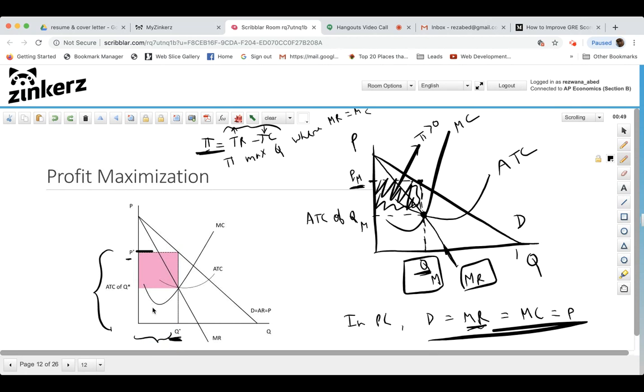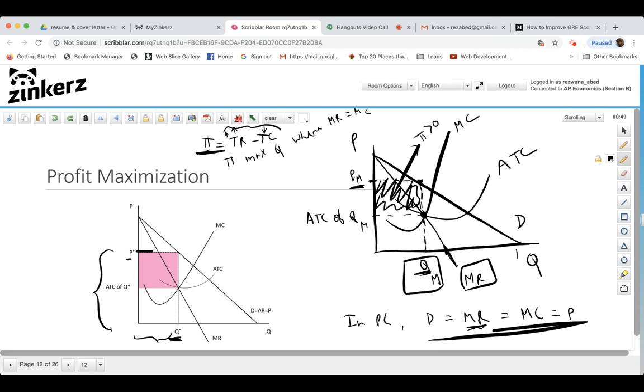And then your average total cost would only be the bottom, because the average total cost is right here. And then what you're left with, if you subtract this bottom box from the whole thing, is this much, which is your profit. Yes? And how did you get that the whole rectangle from P star to zero is revenue?